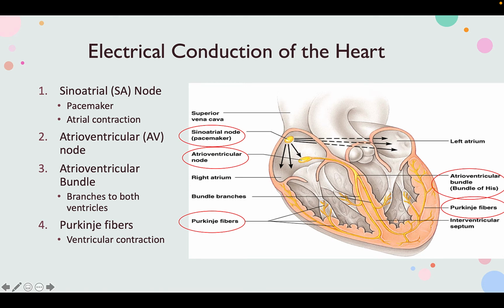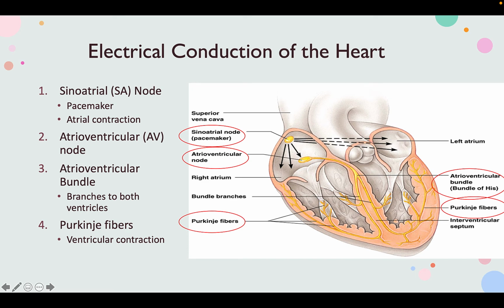Once the SA node initiates depolarization or starts the contraction, it spreads through specialized internodal pathways to the atrial myocardial contractile cells and the atrioventricular node. So that's what these arrows are pointing. These are pathways to the atria and then to the AV node.